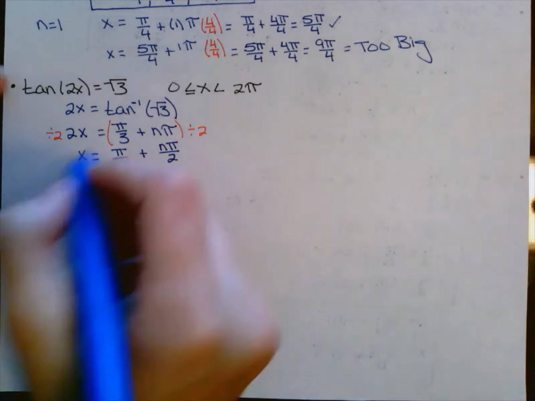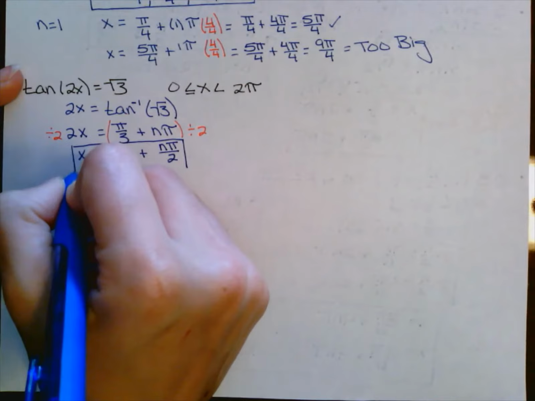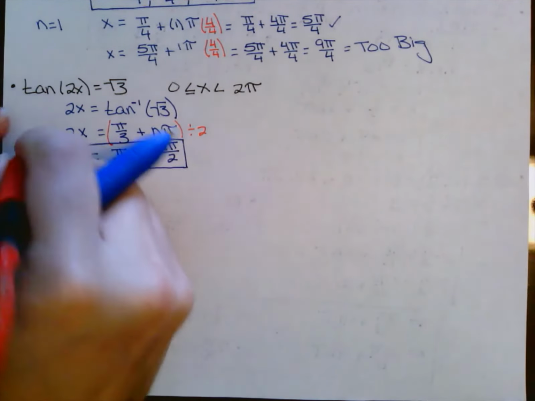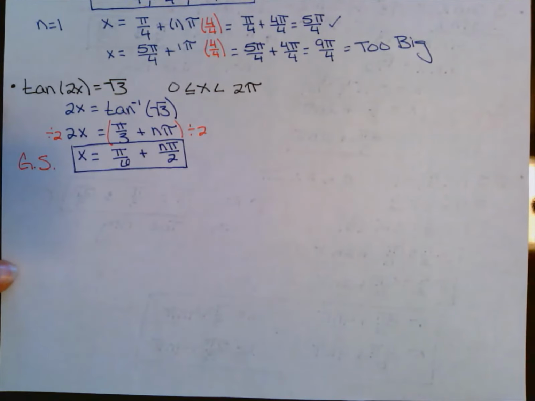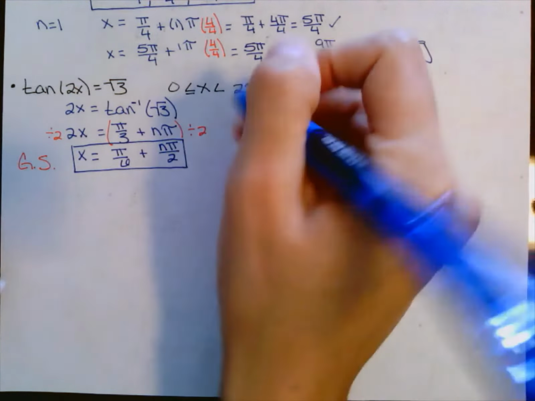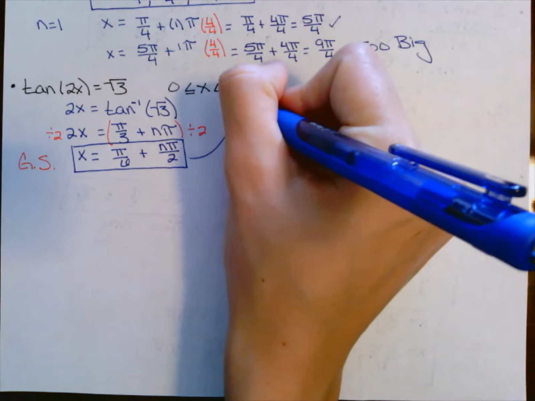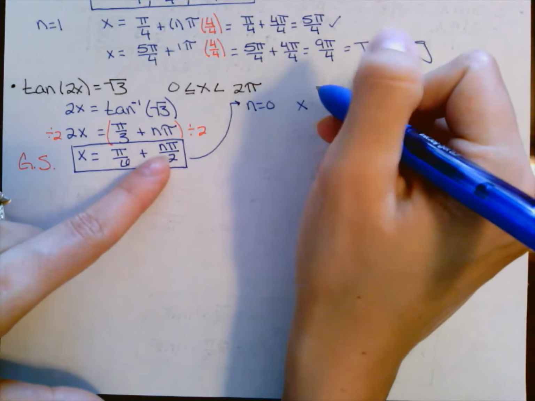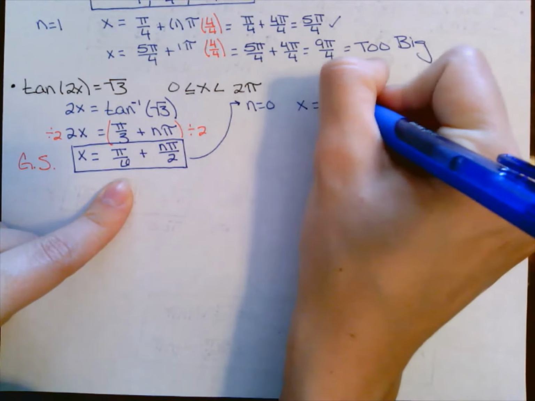Once I have my x value isolated, this right here is my general solution. It's what I'm going to use to get my actual answers, my particular solutions. Okay? So now let's start with our testing. We're going to start with n equals 0. When n is 0, this entire thing cancels out, and I just have my pi over 6.